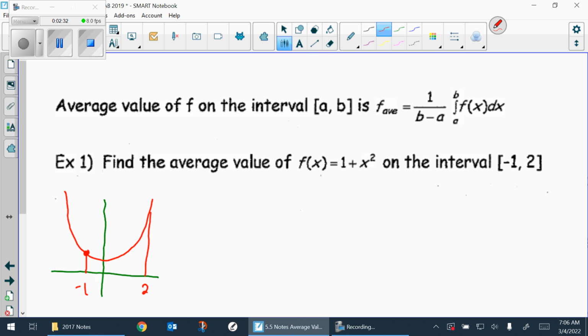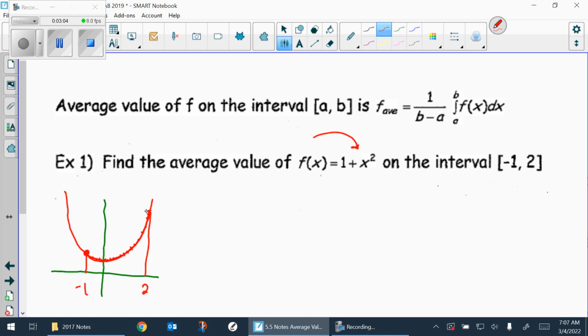The value here is going to be 2 when we put -1 into our function. Then it comes down to 1, and then over here I think it gets all the way to 5. If we add up all of these values and divide by however many values we have, we'd find the average value.